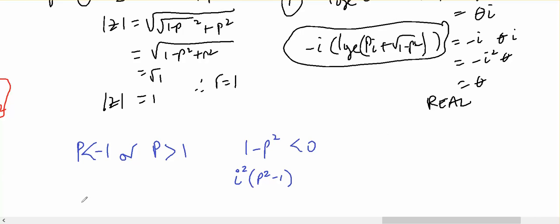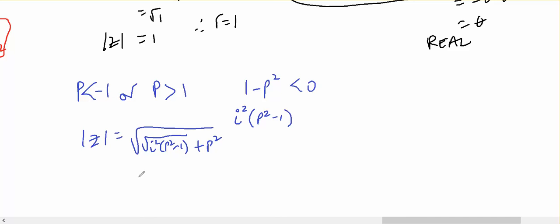I've got the magnitude of z is going to be the square root of i squared times p squared minus 1, plus p squared, squared. And we don't end up with 1. We end up with i times p squared minus 1 plus p squared, which doesn't equal 1.